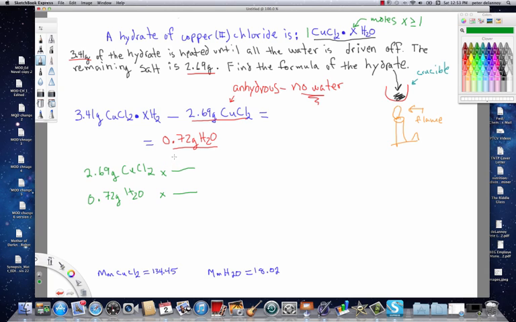So we need to get the moles of our anhydrous salt, and we need to get the moles of the water. The molar mass of the copper chloride is shown here, just for simplicity.